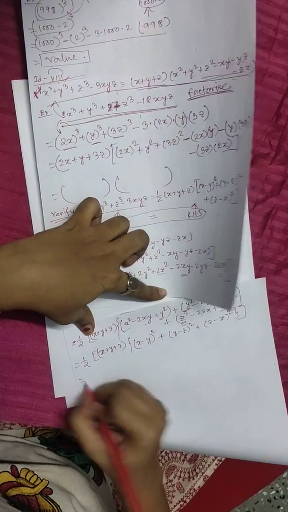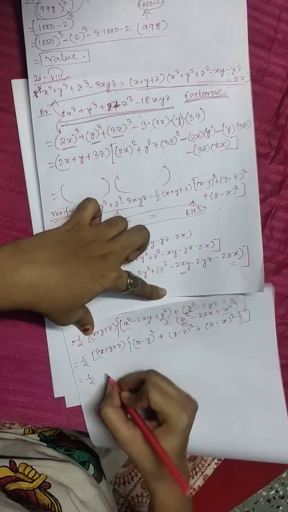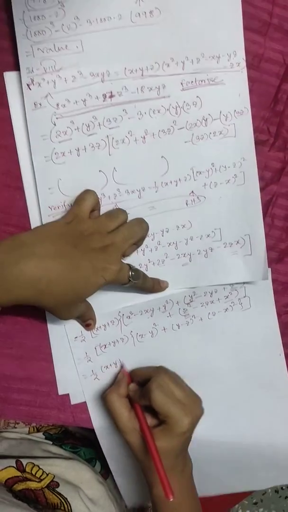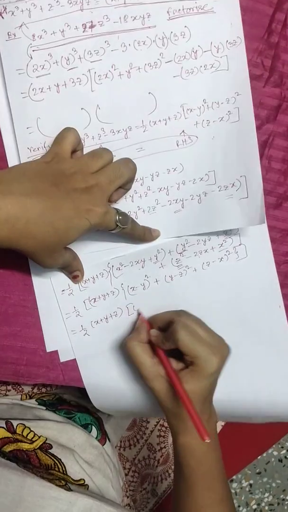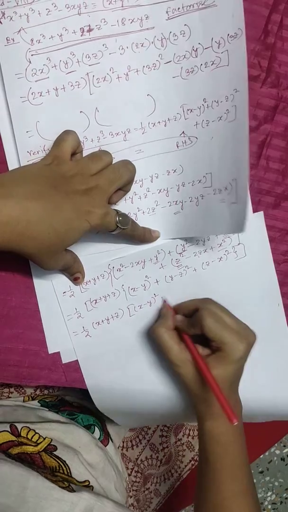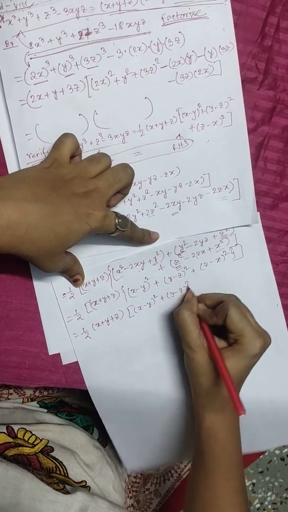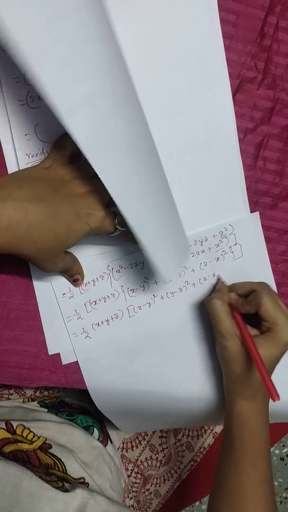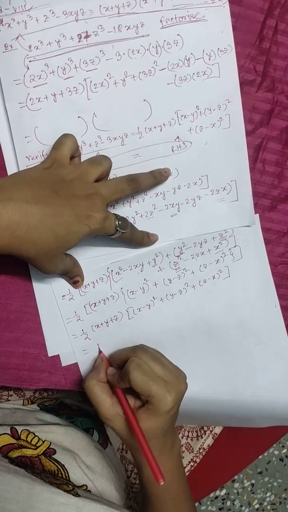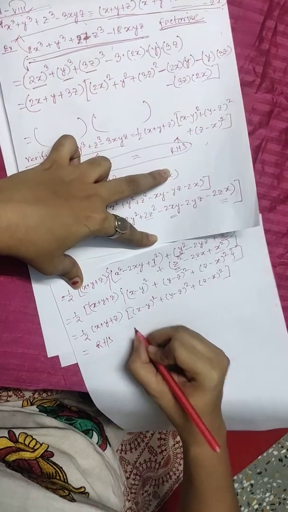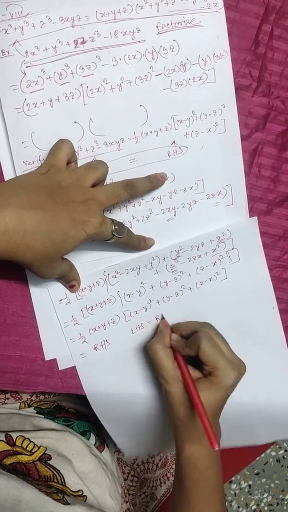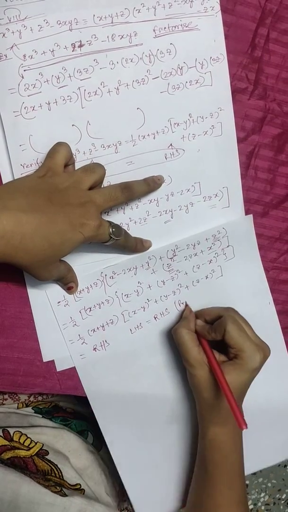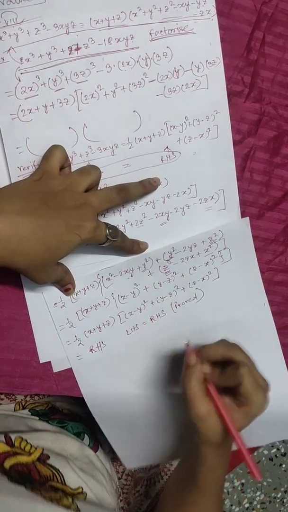So finally you can write it as half into (x plus y plus z) into [(x minus y) whole square plus (y minus z) whole square plus (z minus x) whole square]. So this is the RHS. So finally you get LHS equal to RHS. So proved. This is the proof.